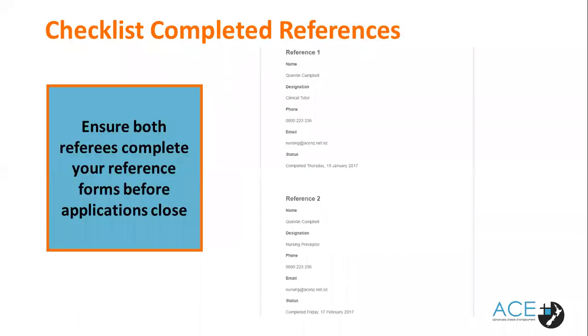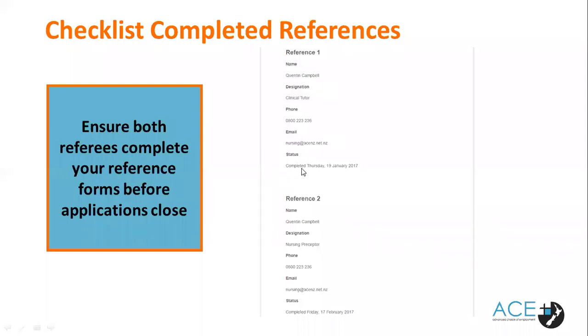Cool, and this is an example of what the reference section will look like in your application portal. So you will see that there's 2 references and there'll be a few fields that you need to fill in. So there'll be the name, designation, whether they're your clinical tutor or nurse preceptor, their phone and email contact details. And then the bottom field is the status field.